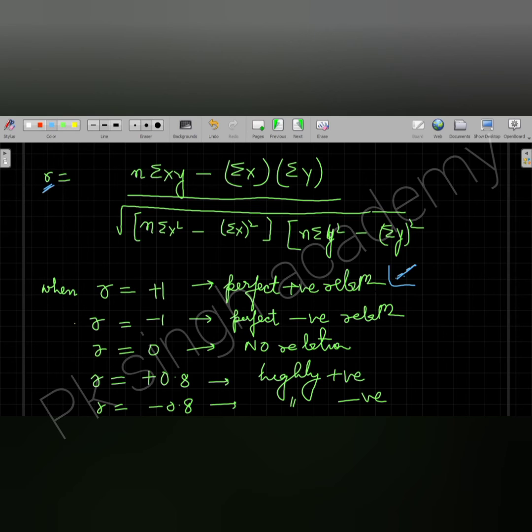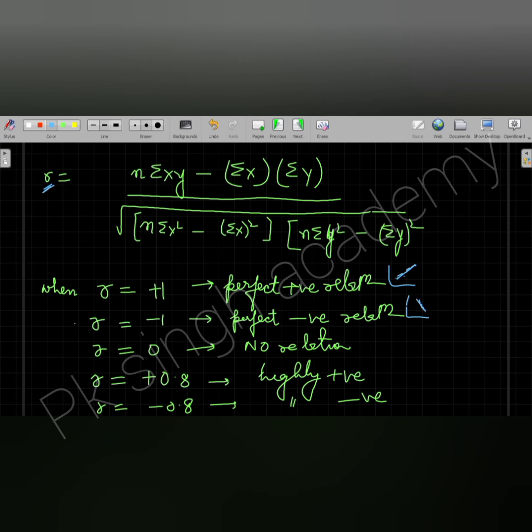In the same way, if the curve slopes downward and the points are on the line, then it is perfect negative relation. Okay, and if r is equal to 0, then no relation. Clear?